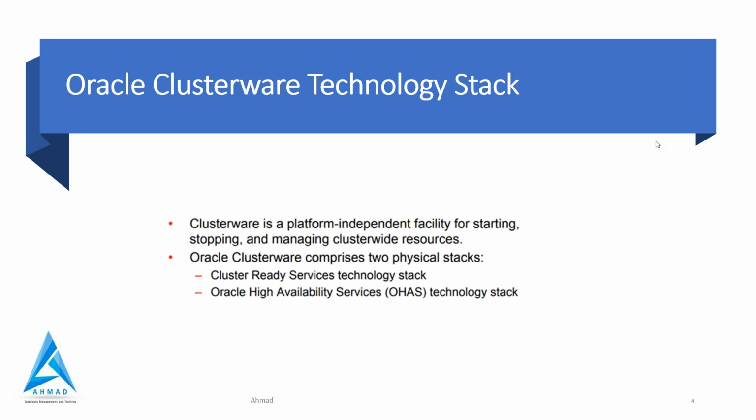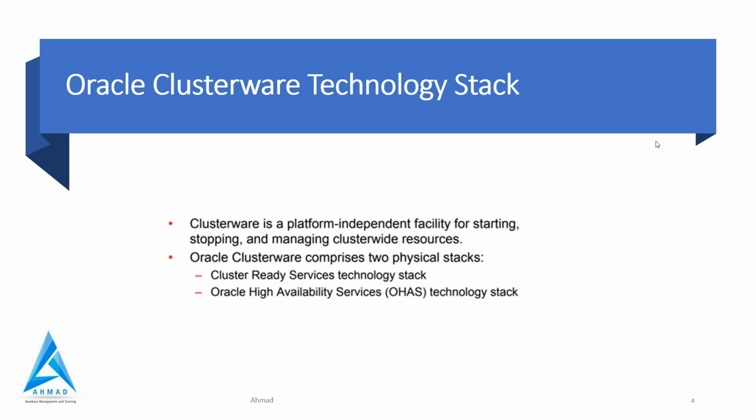Can you please explain once again? Okay. See, Oracle Clusterware has two physical stacks, the upper stack and the lower stack. The upper stack is called Cluster Ready Services Daemon, CRSD, and the lower stack is OHASD, Oracle High Availability Service Daemon.